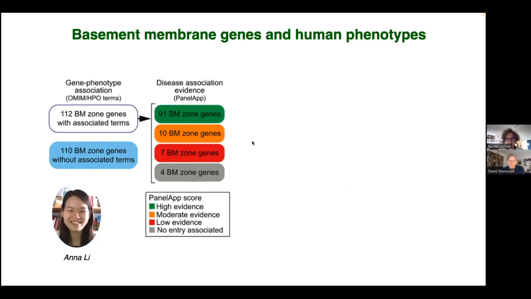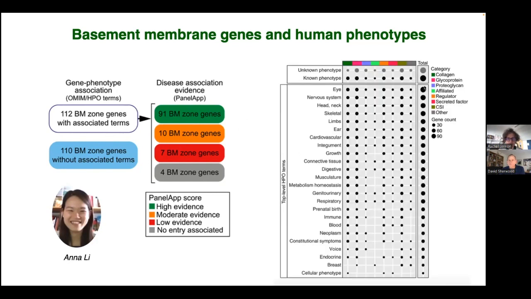So the range of phenotypes affected spanned 24 top-level HPO terms. And what this does is just highlight the relevance of basement membranes across a broad spectrum of human pathologies.